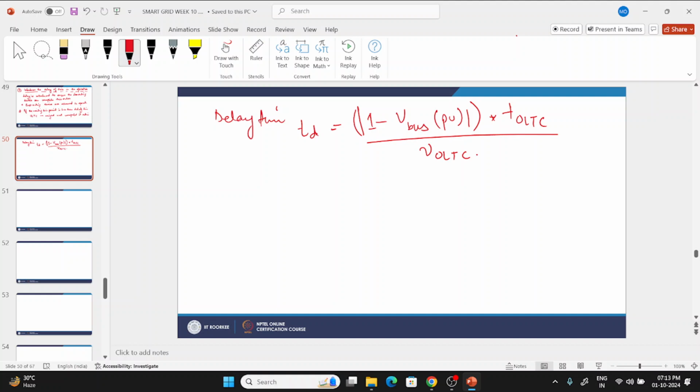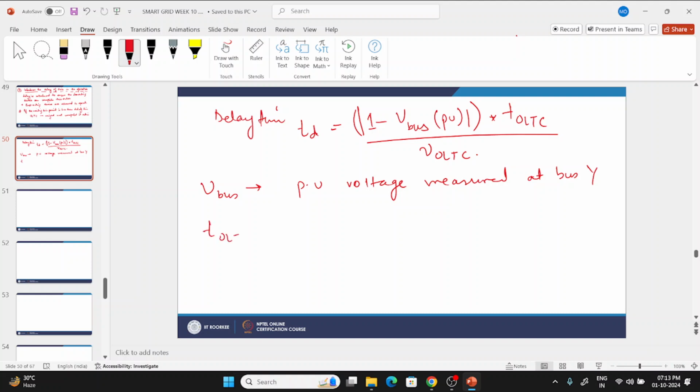What is V_bus? V_bus is the per unit voltage measured at bus, let's say Y, any bus at which the corrective action is going on.